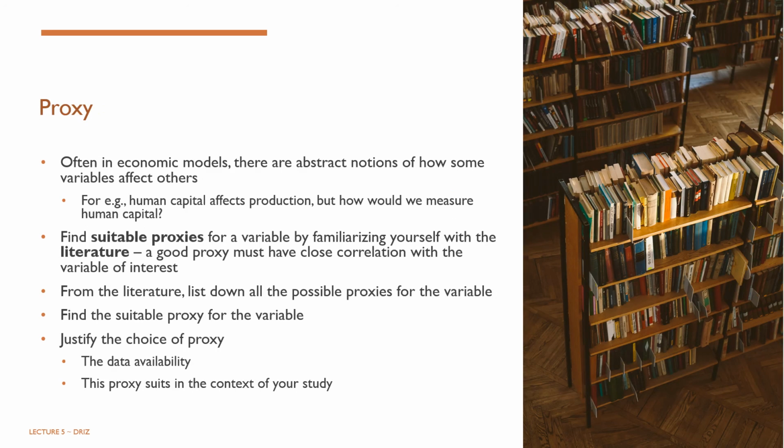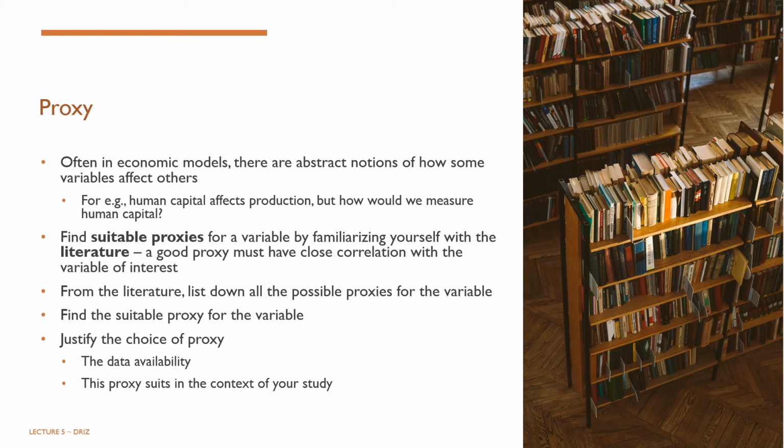Oftentimes in economic models, there are abstract notions of how some variables affect others. For example, human capital affects production, but how would we measure human capital? You can find suitable proxies for a variable like human capital by familiarizing yourself with the literature. A proxy is a variable that is not in itself directly relevant, but serves in place of an unobservable or immeasurable variable.